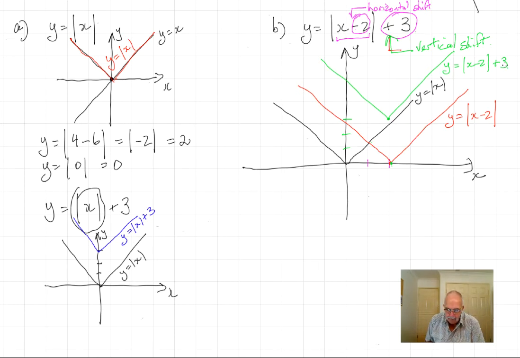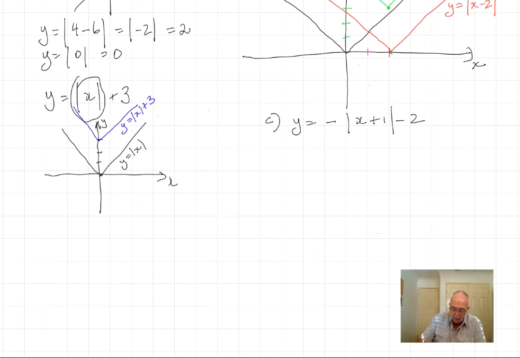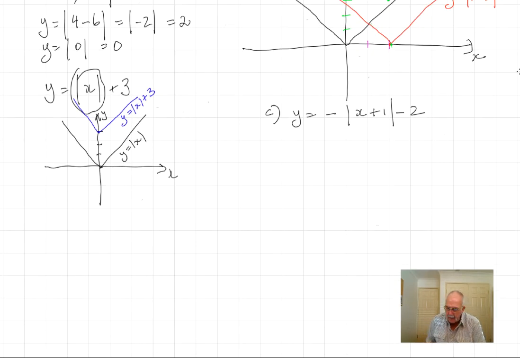Okay, the last one, let's just do that, is y equals minus absolute value of x plus 1 minus 2. Okay, we'll do it in stages again.